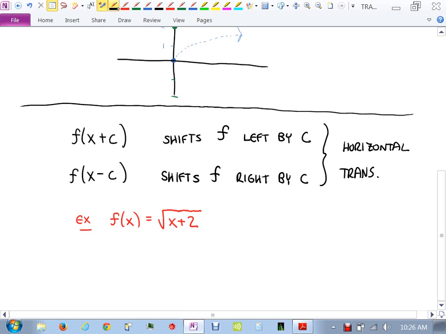So on my picture, my quick sketch, my original one started here. It looks like this. But I'm going to take that and move it left 2.